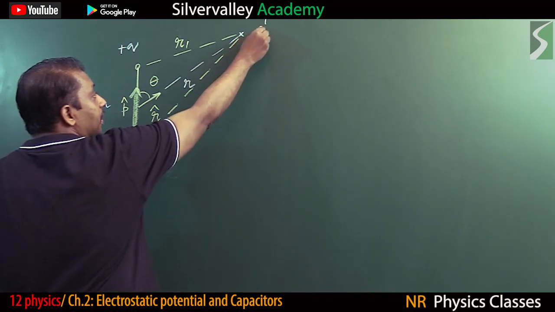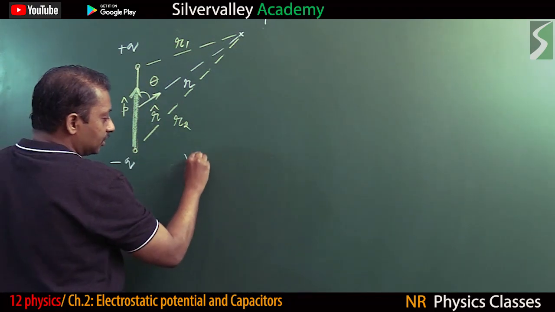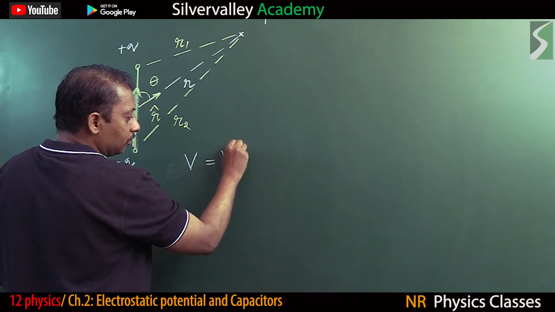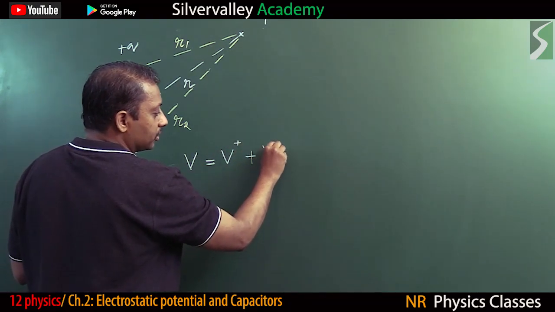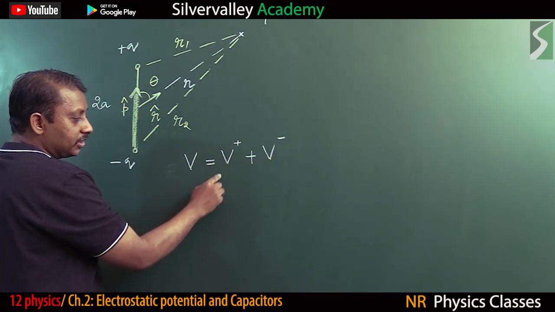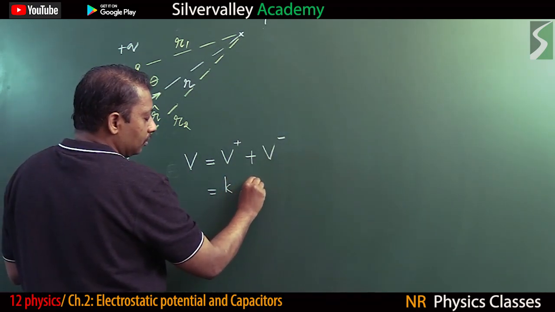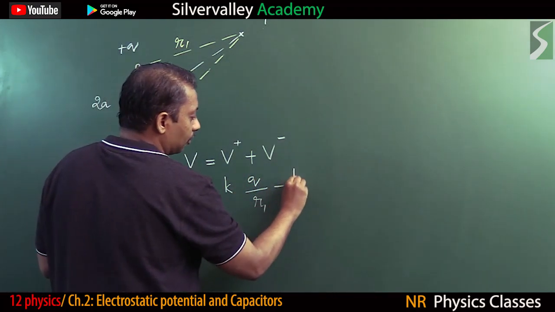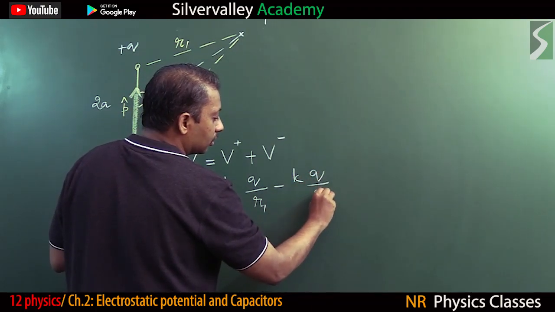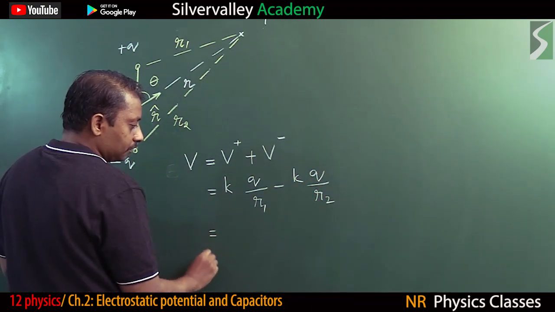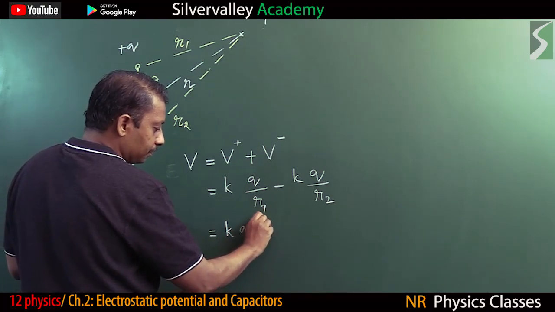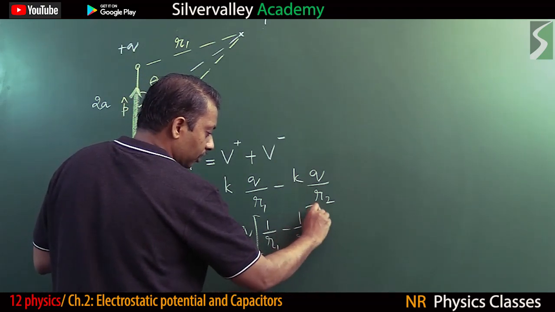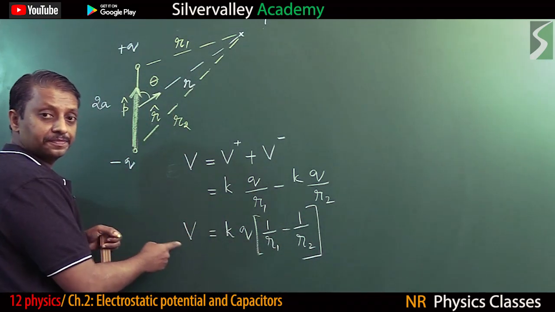So potential at P due to these two charges: since potential is a scalar quantity, net potential equals potential due to positive charge plus potential due to negative charge. Potential is constant q by r1 minus constant q by r2, equal to constant q into 1 by r1 minus 1 by r2. Okay. So this is the general expression.